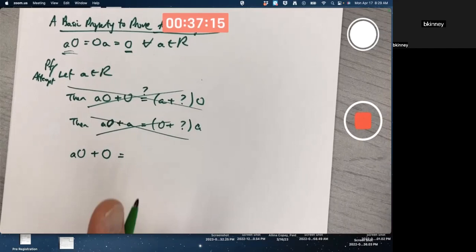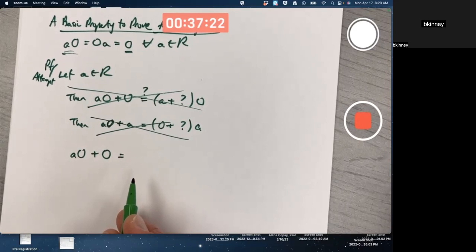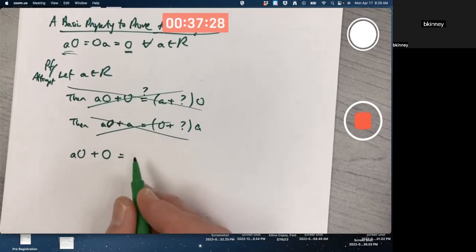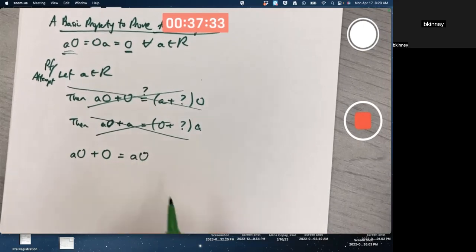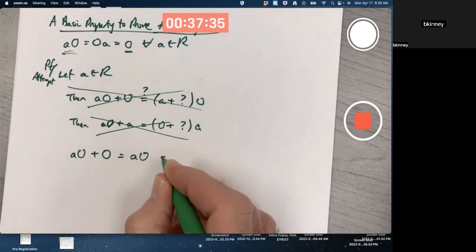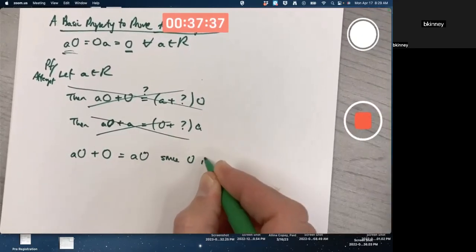I think we want to use the fact that 0 is already known to be an additive identity. Yeah, that's got to be the proper thing to use, because otherwise, why are you even bothering to write it? I mean, 0 is special, right? A times 0 plus 0 has got to equal A times 0, since 0 is the additive identity.